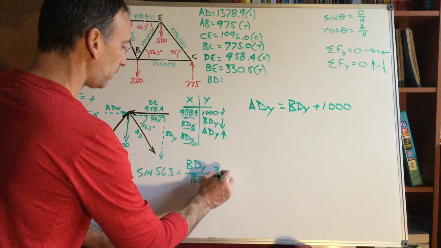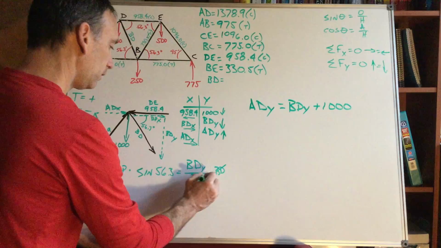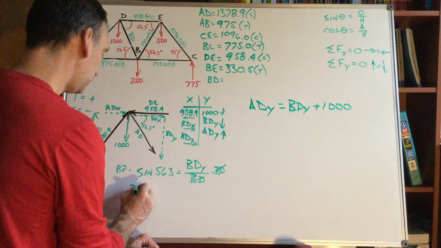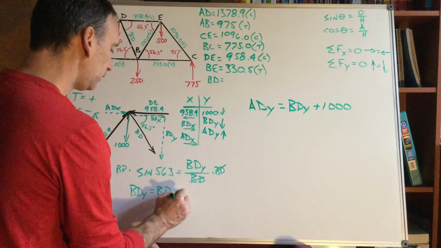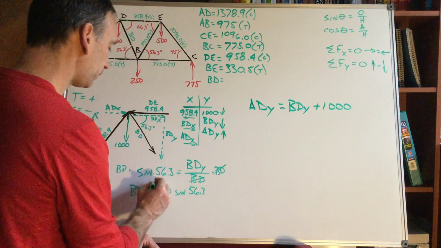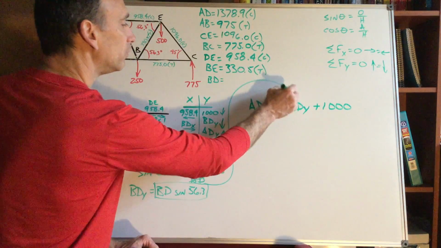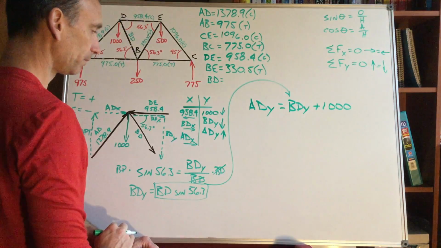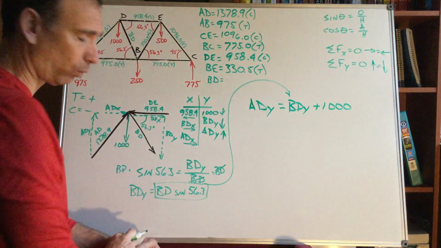Multiply both sides by BD, and we get that BDY equals BD sine 56.3. So we can take that and substitute in. Now, the other one is we have the ADY.